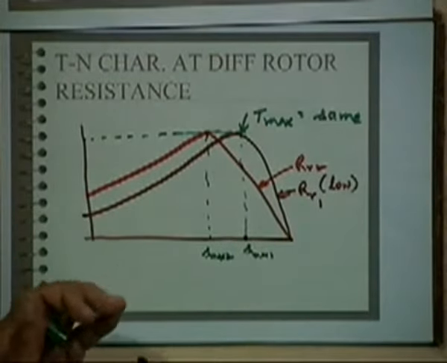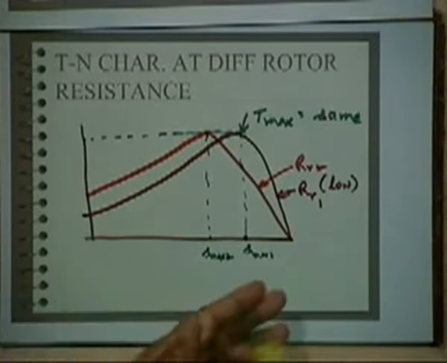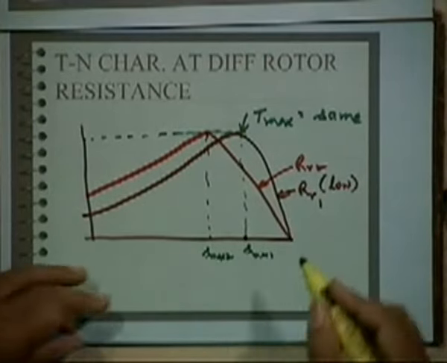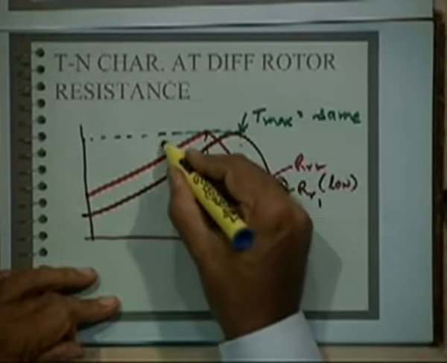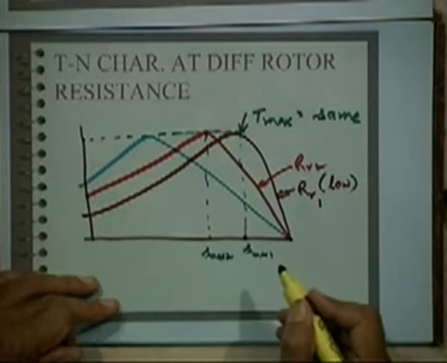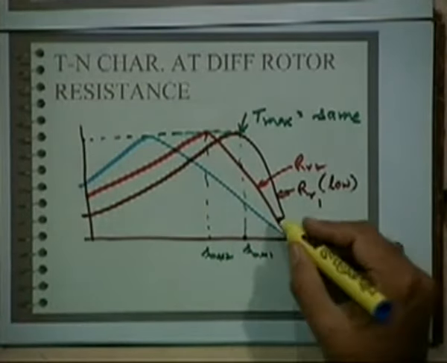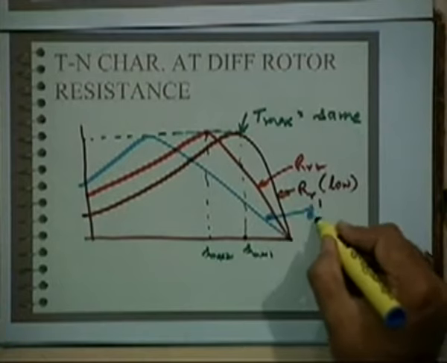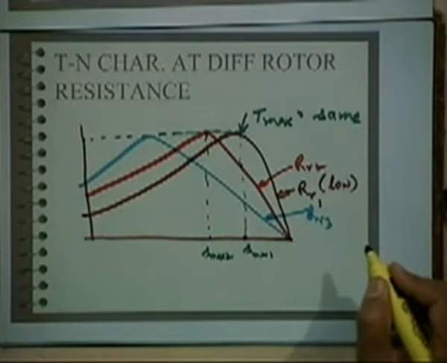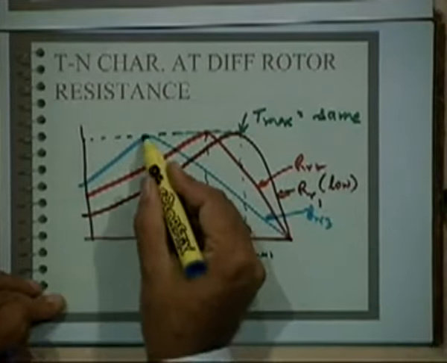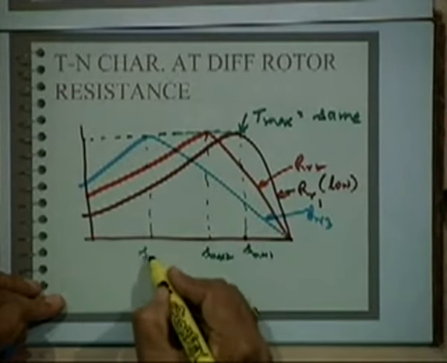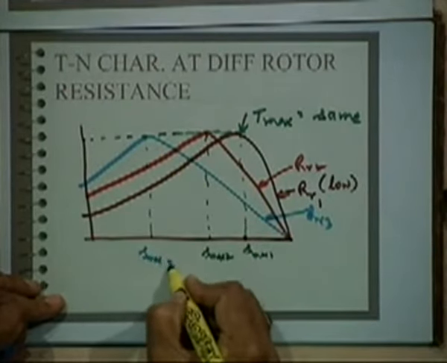Okay. If you go further, let us say RR3. So this will be RR3. Now again slip at maximum torque has gone up. So this is S max 3.